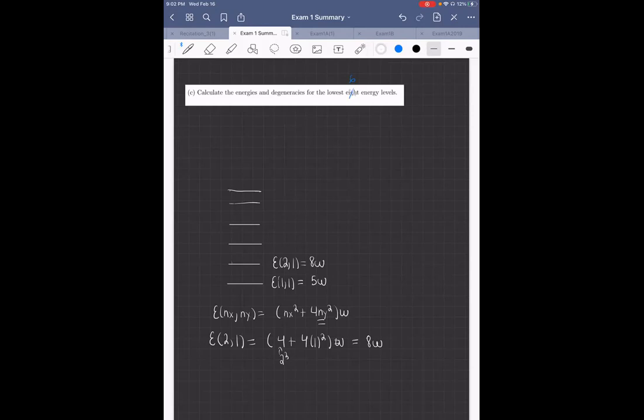Now we can do E of 3, 1. And we can also increase it by E of 2, 2. So I'm trying to test out these two to see which one is higher yet.